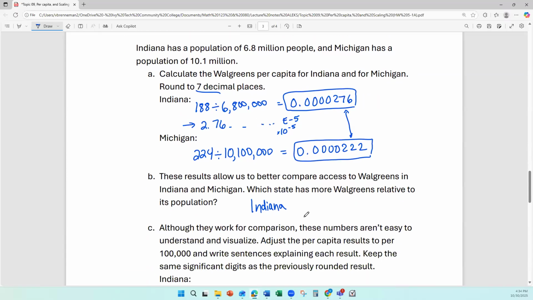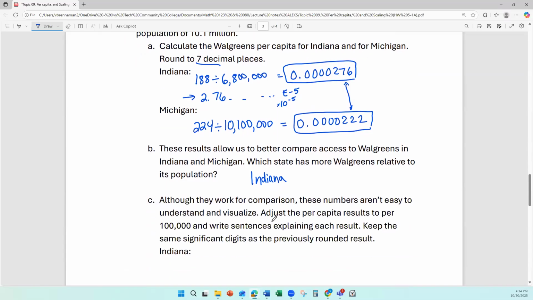But if we want a little bit better picture of what this looks like, we can scale this up. If I move those decimal points 5 places, so I get to the non-zero digits, going from 0.00000276, if I'm going 5 places, I've essentially multiplied by 100,000.